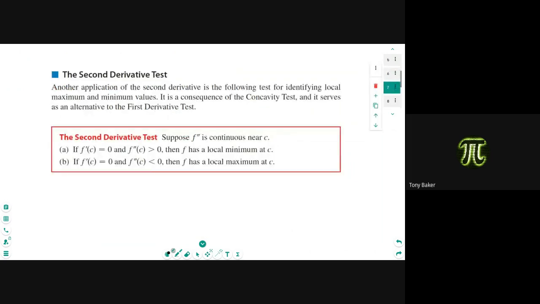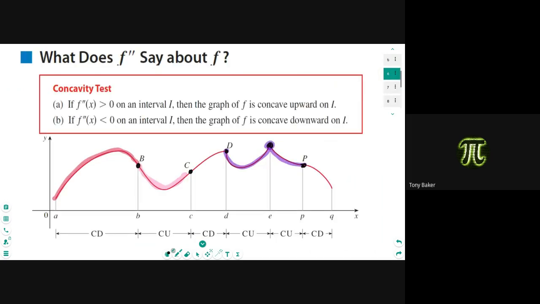Oh, do I put it here? I do. All right. So looking at the second derivative test, how can we use this one to determine if a point is going to be a minimum or a maximum? Because concave down is normally look like a min. And the opposite for concave up.